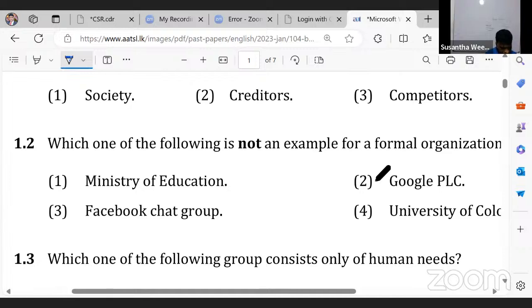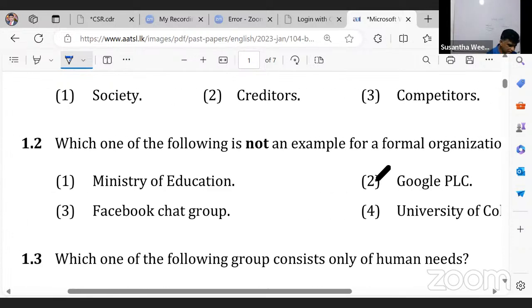Google PLC is also a multinational IT company, that is also formal. Facebook chat group is not formal. There is no registration, there is no leadership. It is just certain people gathered only for the chat. University of Colombo. Out of all these, the Facebook chat group is an informal organization. That is not a formal organization.